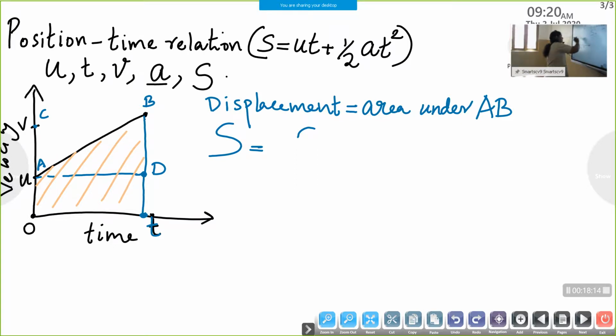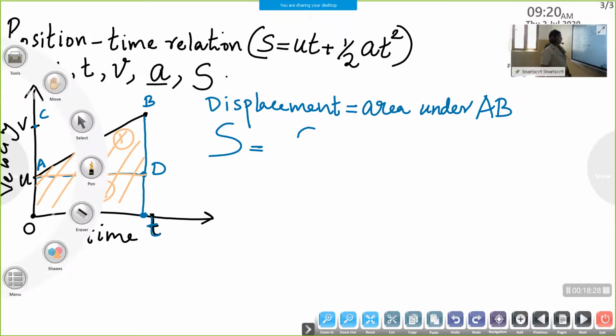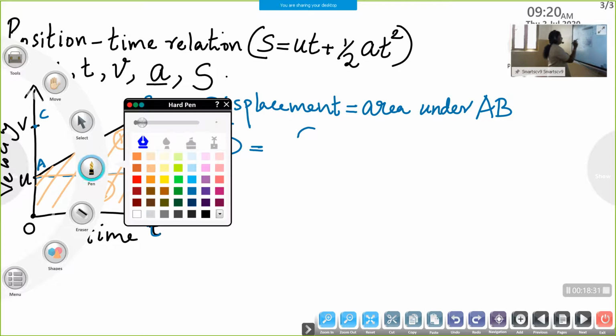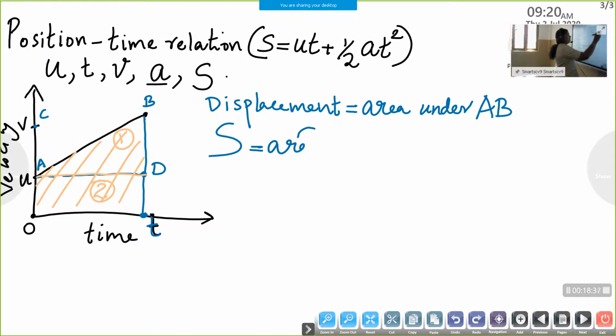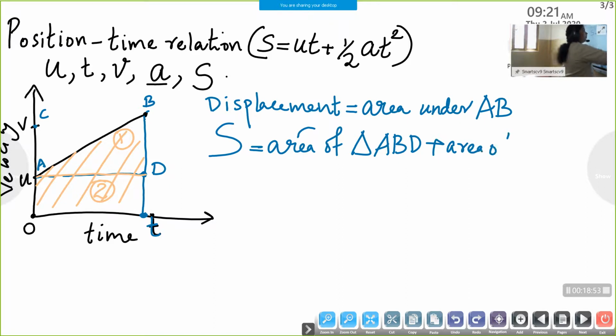And you know that this shape is a trapezium, right? And for this equation, teacher is going to divide this into 2. That is the total area, first one a triangle and the second one a rectangle. So, you have to sum up the area of a triangle and a rectangle. So, displacement is equal to area of triangle ABD plus area of this rectangle.